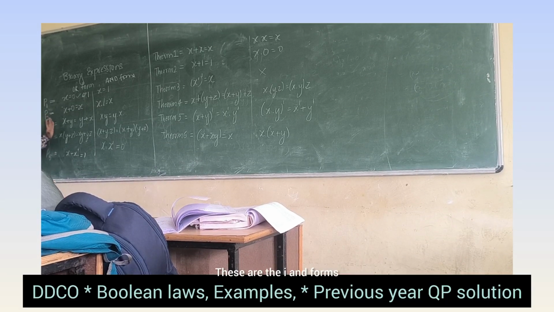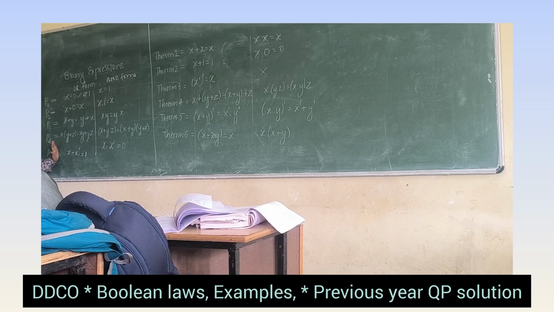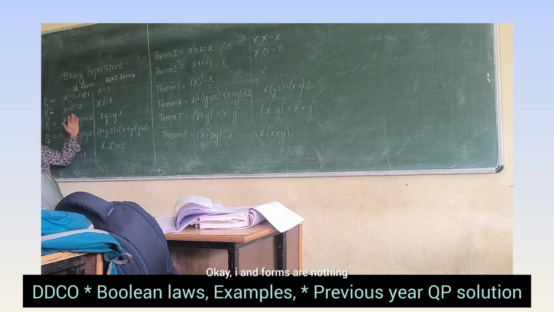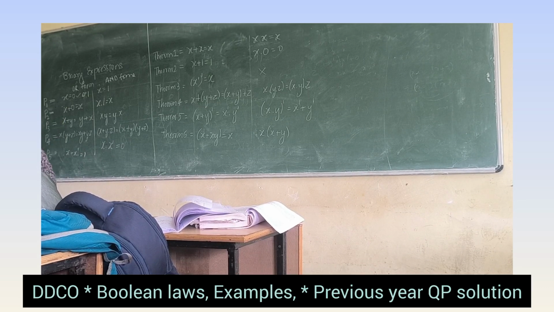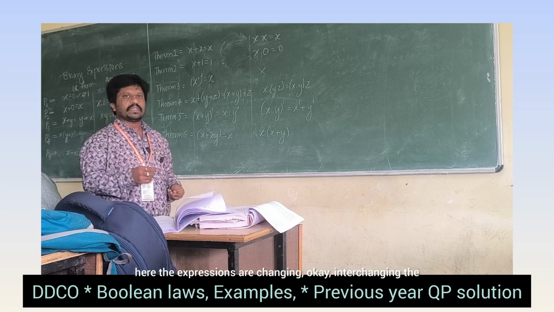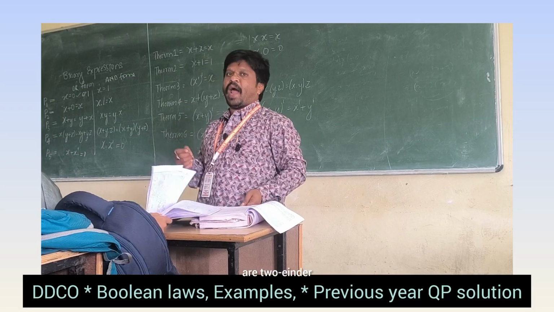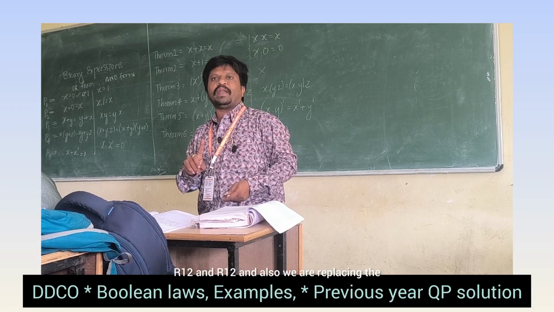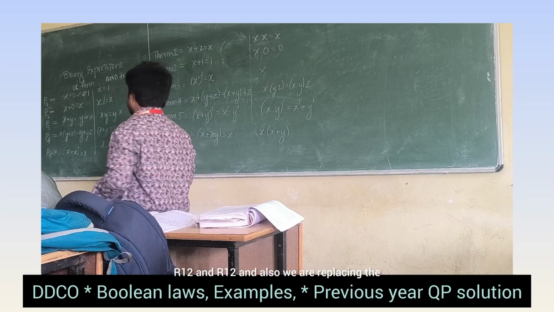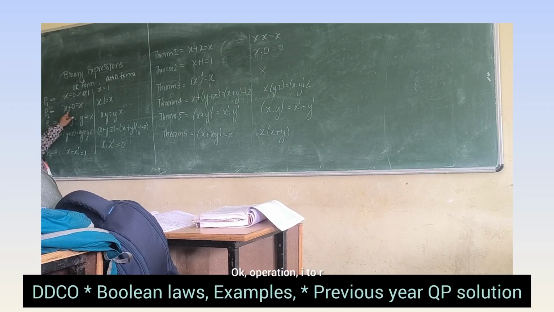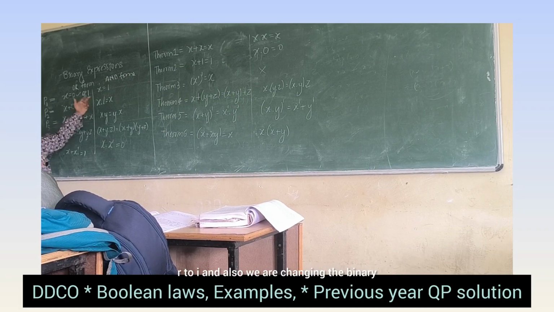These are the AND forms. Whatever you are writing on the left side, these are OR forms. AND forms are nothing but the dual forms. Duality means the expressions are changing: interchanging AND to OR and OR to AND, and also we are changing the binary values.